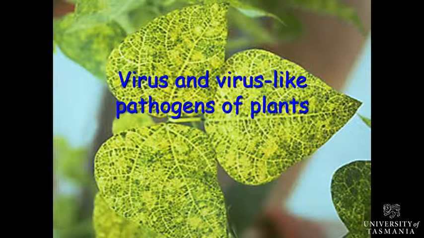Can you think of a parasite that's not a pathogen? So something that derives food from the plant, but is not causing suffering. That comes down to our next criteria, which is the symbiont.